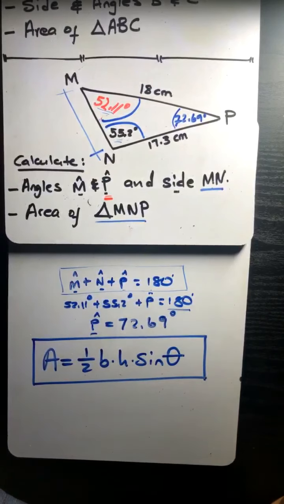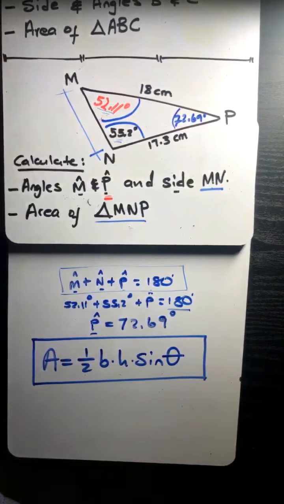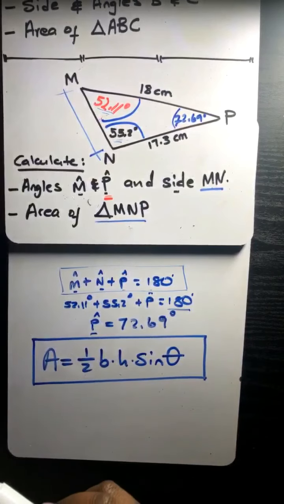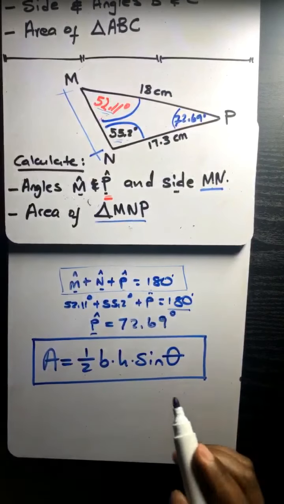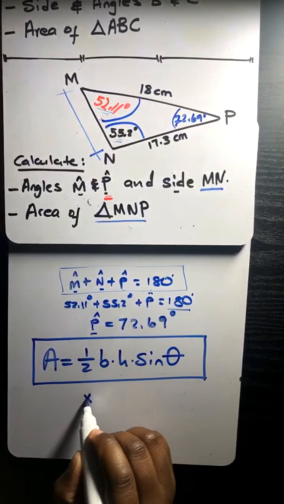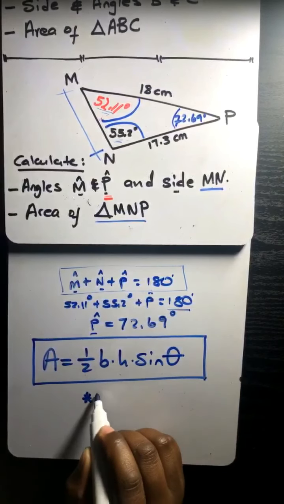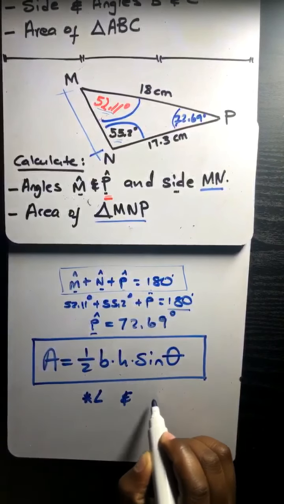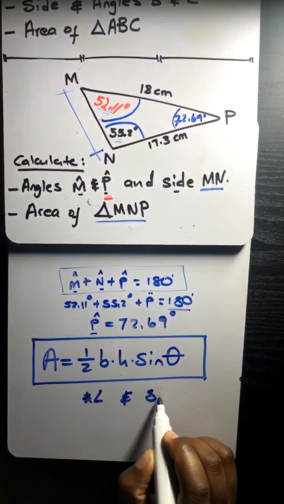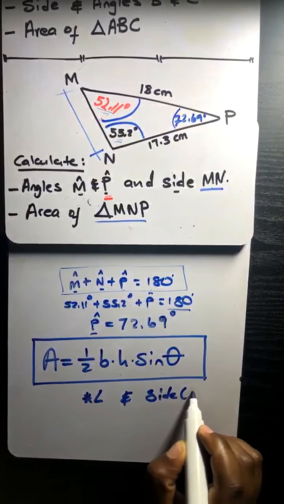How can you use the sine formula to calculate the area? I want you to explain by commenting on the angle and also telling us which side or sides, if you're going to use two sides, to calculate the area.